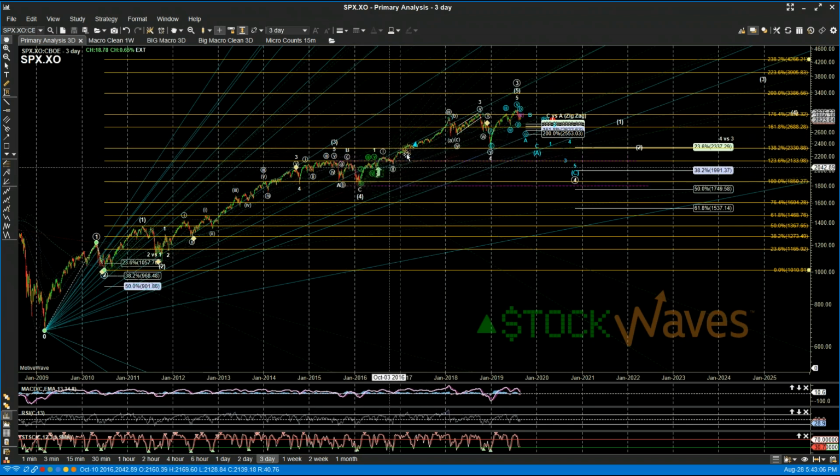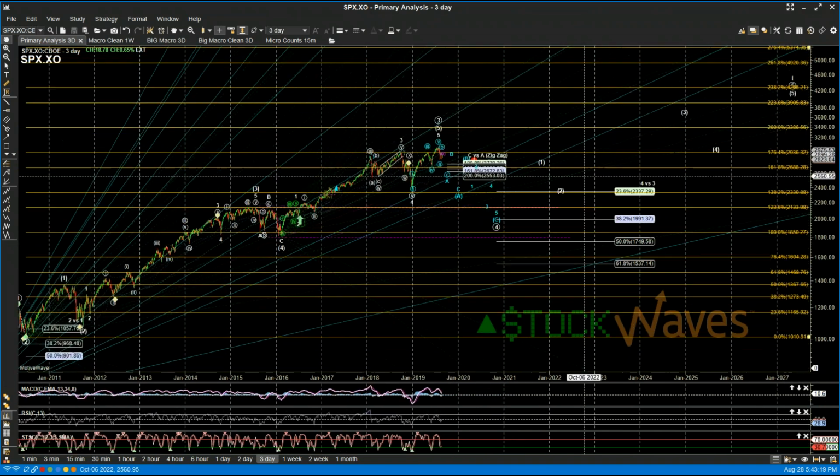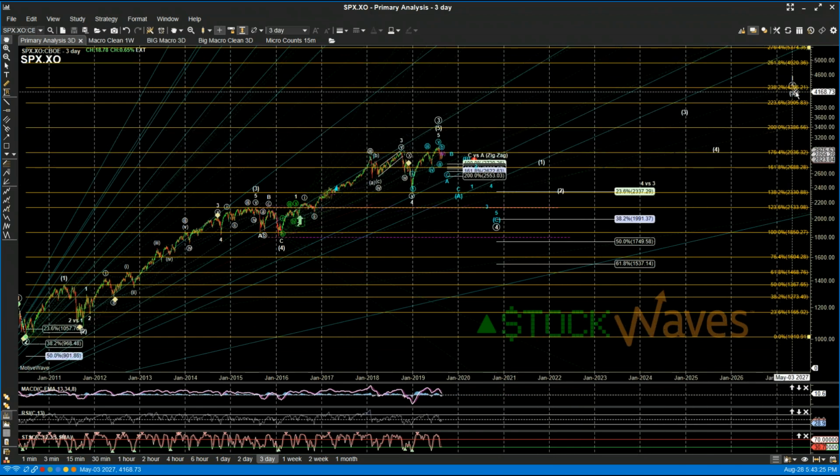And then again, it's below that, and so that acts as resistance for the entire move. And then once it falls more away from that, it has to go and test the next support levels. And then this larger primary degree wave 5, I think, will probably follow this line here as resistance the entire way up.